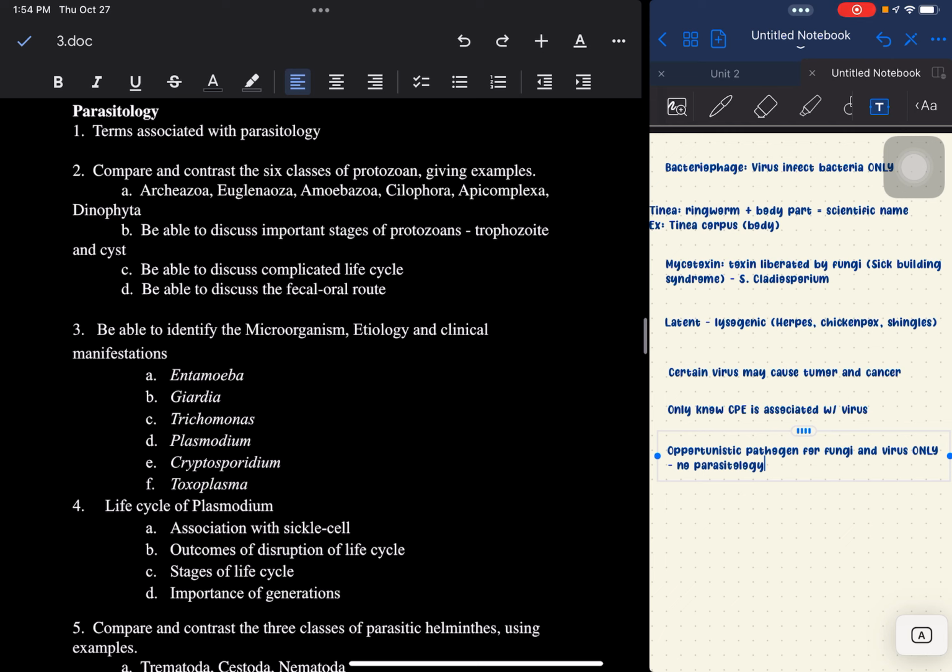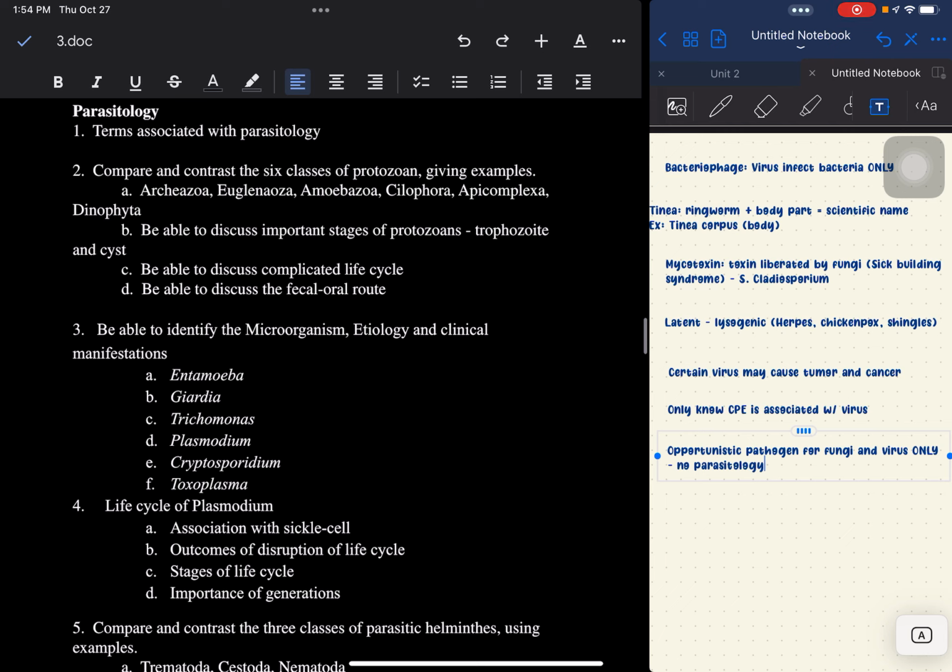Those are the major viral pathogens. With fungi, it's Histoplasma capsulatum, Sporothrix schenckii, Coccidioides immitis, Blastomyces dermatitidis, and then the ringworm. And that's really it. Candida albicans we did talk about as a yeast, producing pseudohyphae.